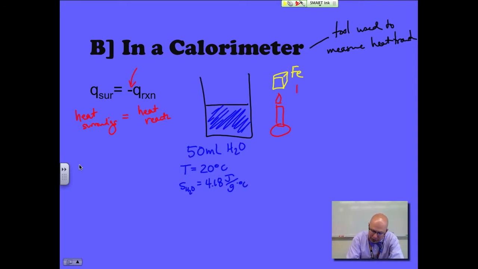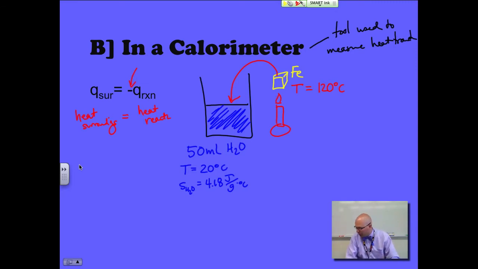It wouldn't take much. The temperature of the iron is 120 degrees Celsius, and I take that hot flaming iron and I dump it into my water. Well, what's going to happen? The iron's going to cool off and the water is going to heat up.